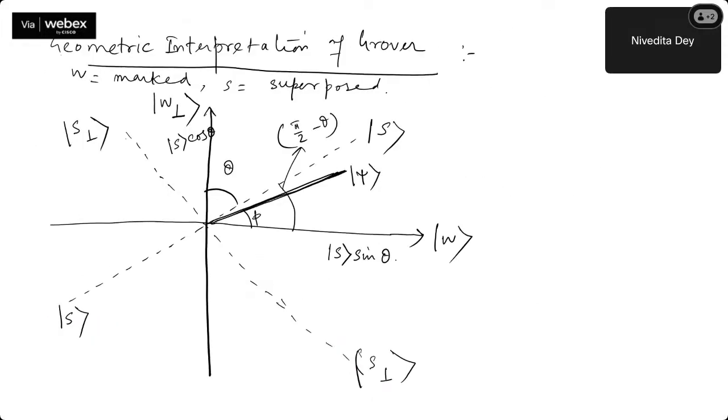So let me change the color a little. Somewhere this phi will now be broken into two different components. One will be something like this, and this will happen due to UW, so psi 1.